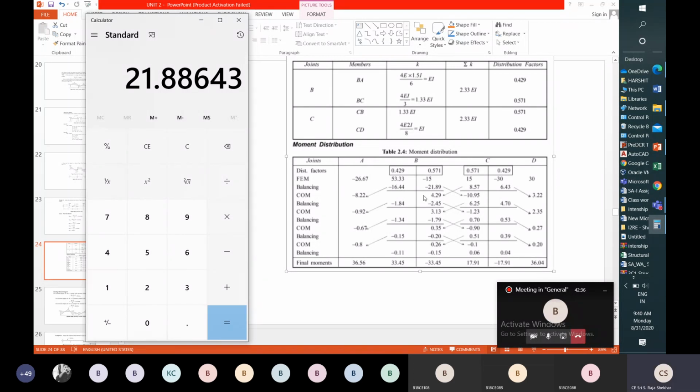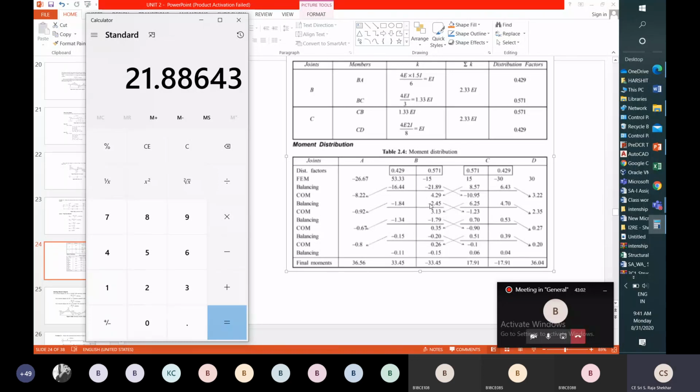Look here, now the second step carry over moment has come. We have 4.29 here, and on the left side support there is 0. So now we have to distribute this 4.29 moment to member BC and member BA.